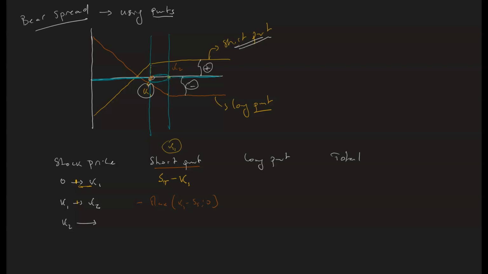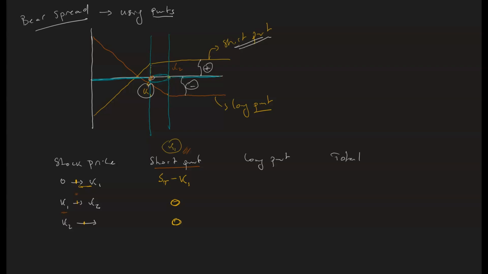Now, K1 minus the stock price is going to be a negative value, right? Because the stock price is above the strike price K1, which means that the long put with the strike price of K1 is not going to exercise, which means that the payoff is going to be equal to 0, and minus 0 is going to be 0. So we're going to put 0 here. And if the stock price is above K2, it is going to be the same as what we had earlier, so it's also going to be 0 here.